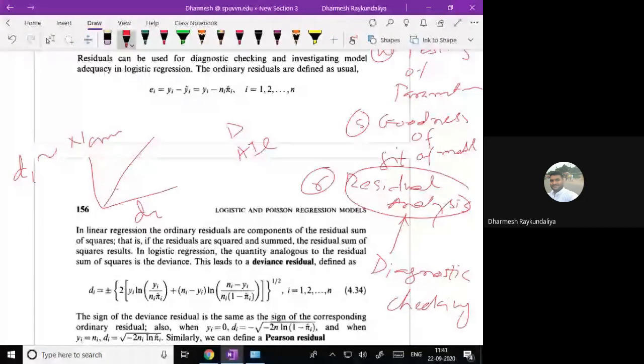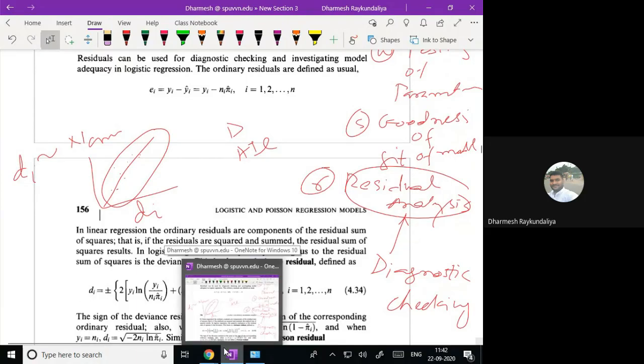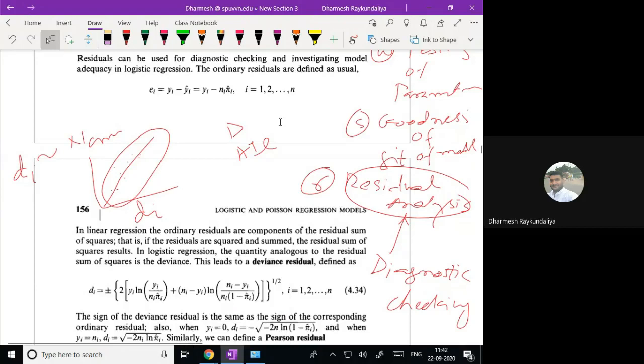If all the points are covered by the line, then we say that the DI are normally distributed. But how will you calculate the deviance residuals? As we discussed, there are three residuals in the generalized linear models. One is the Pearson residuals, second is the Anscombe residuals, and third is the deviance residuals.